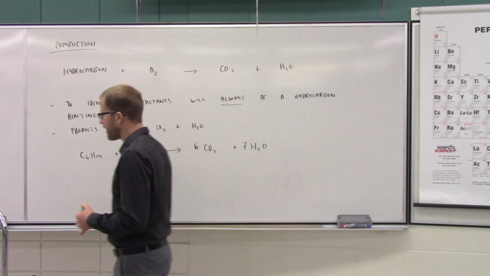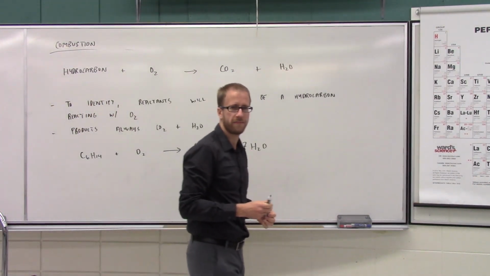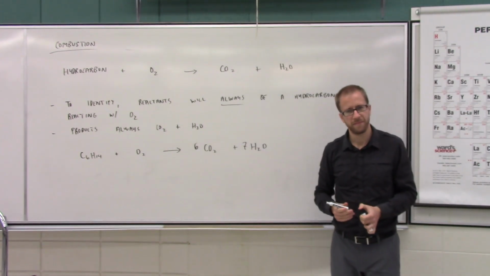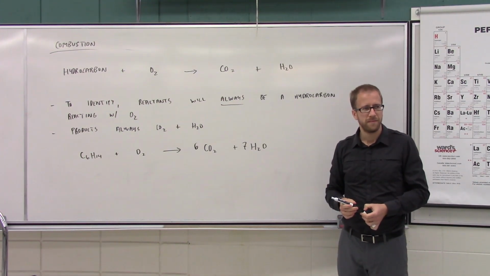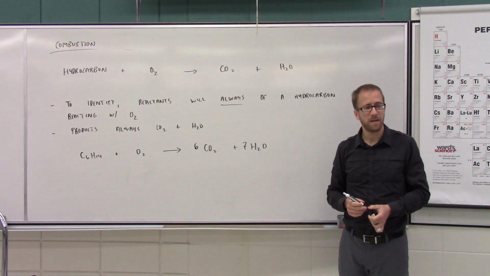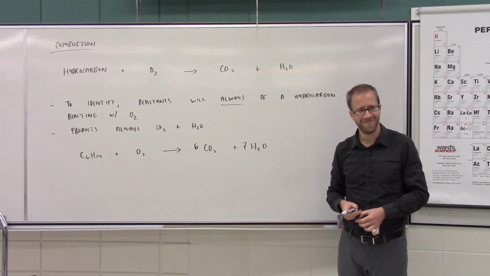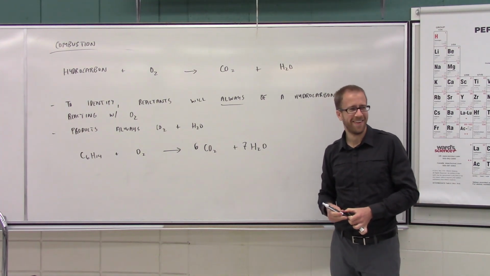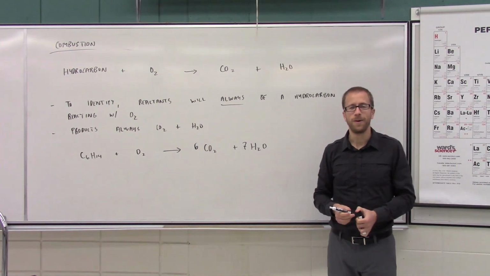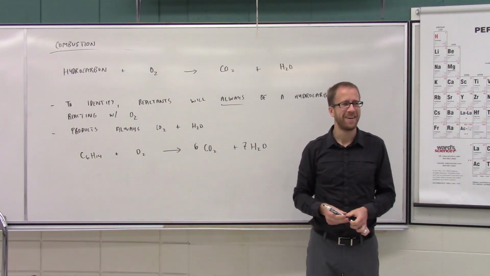So I have to get 19 oxygens on this side. How am I going to do that? How am I going to get 19 oxygens? Well, what's 19 divided by 2? I'll give you a hint. 18 divided by 2 is 9. 20 divided by 2 is 10. 9.5.